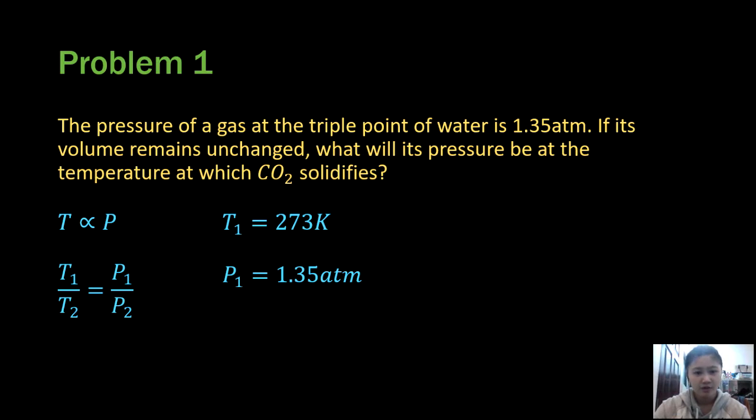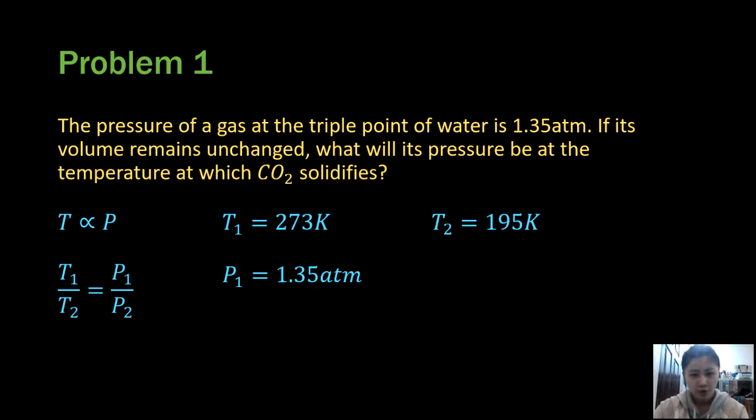And for the final temperature, the temperature at which carbon dioxide solidifies is 195 Kelvin. So how do we know this? You guys can actually look it up on the internet. It's a standard temperature, the default at which carbon dioxide solidifies.